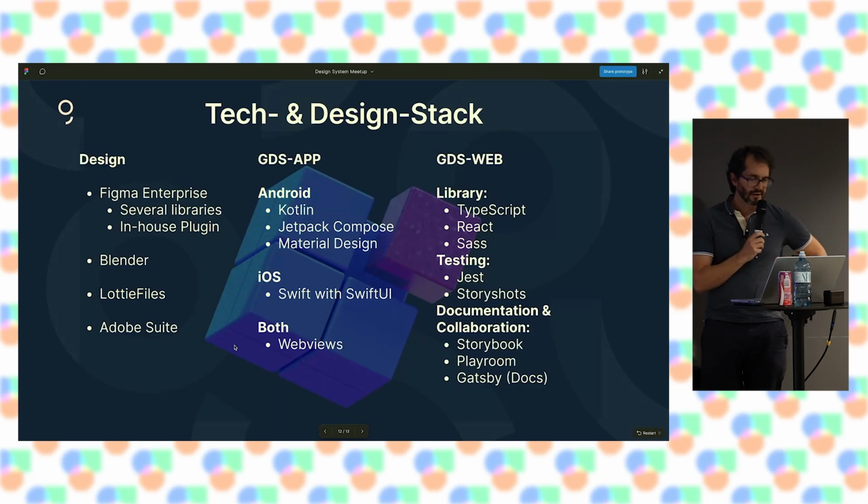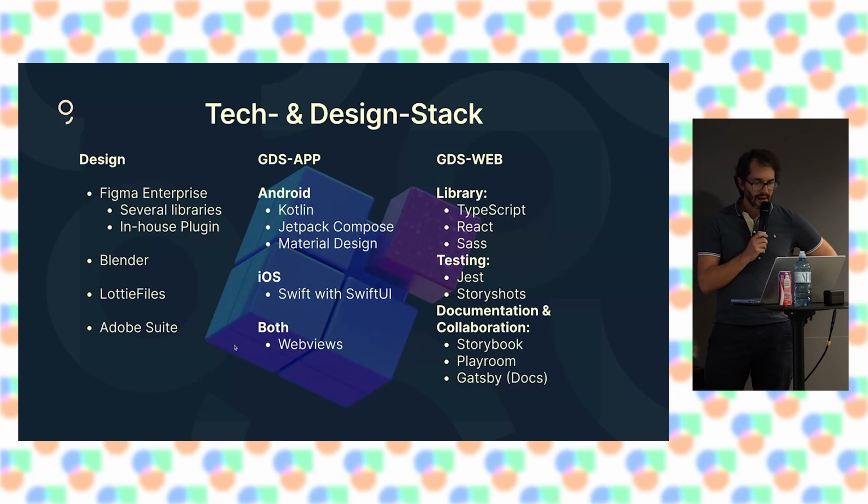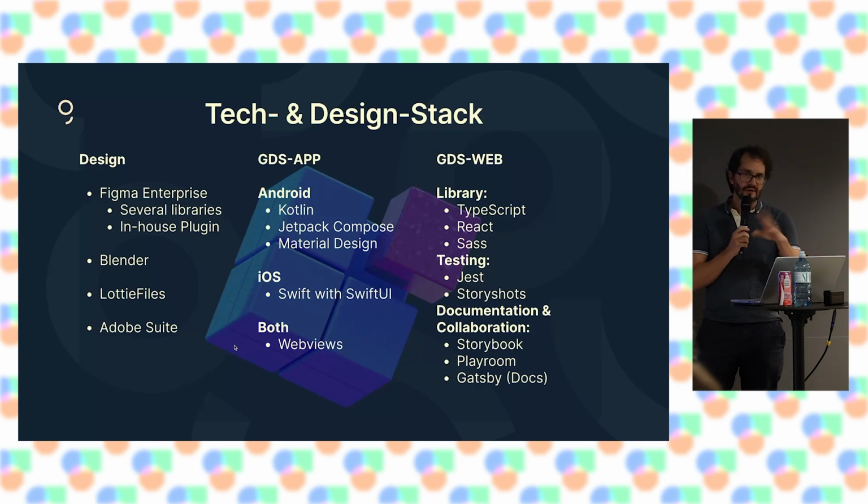And last but not least, a short overview of the design and tech stack we use. Well, for the design, as I said, we don't use Photoshop anymore. We use Figma. Actually, Figma Enterprise over the whole corporation.